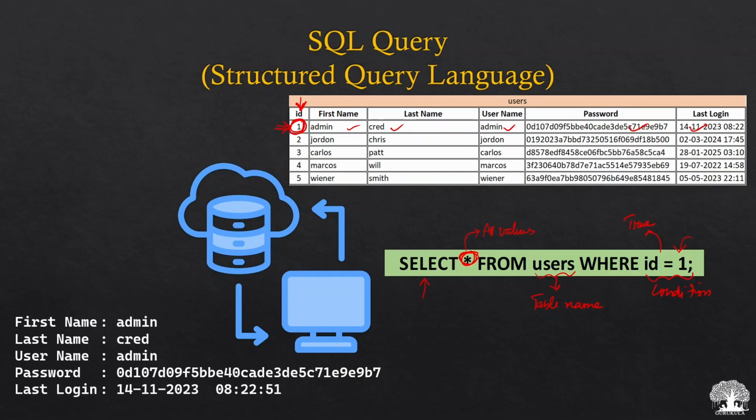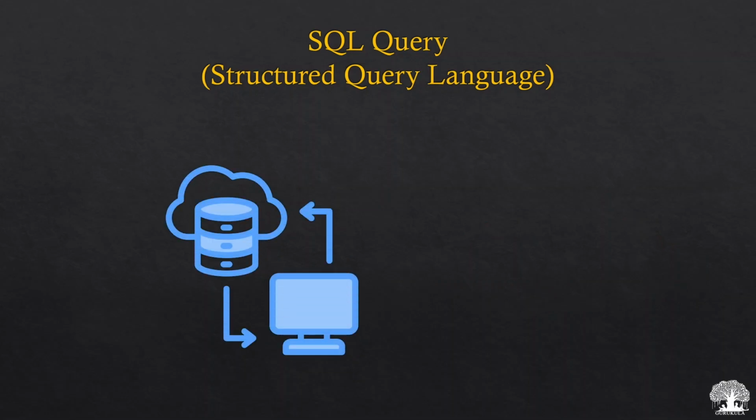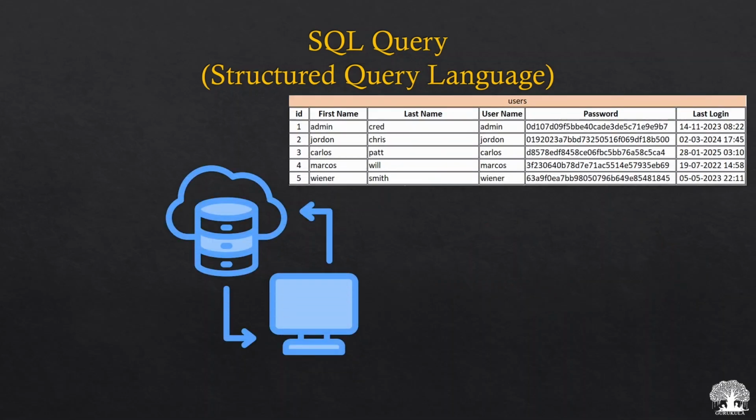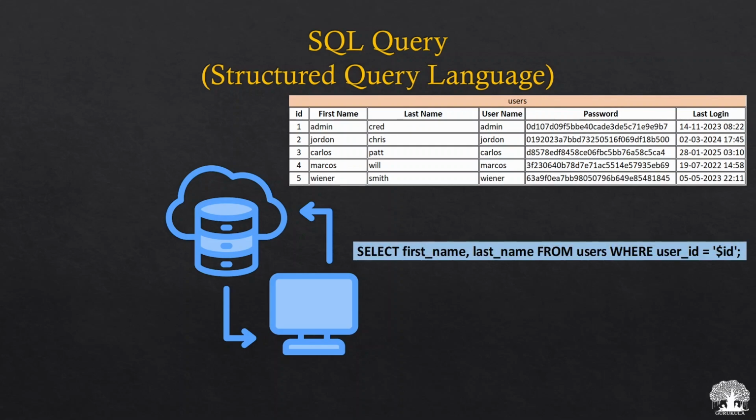Let's have one more example to understand how exactly SQL queries work. Let's have the same database and system setup, and also consider the same users table, but this time let us change the query a little bit. When you look at this query, we are asking the database to select only a specified number of columns.